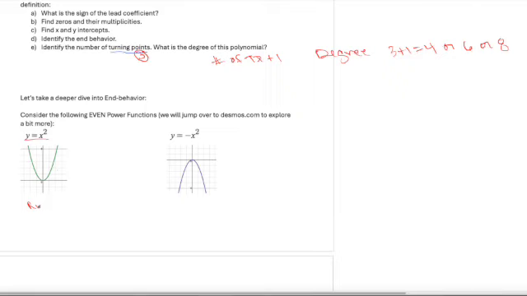To the right, it rises, and to the left, the graph rises. Likewise, if we look at a negative even power function, such as negative x squared, that's a reflection about the x-axis. So to the right, this graph falls, and to the left, this graph falls.